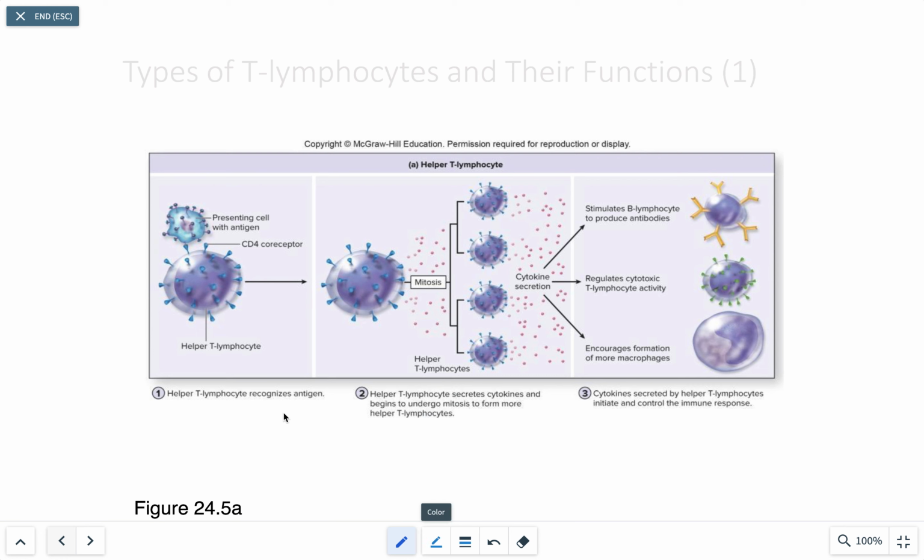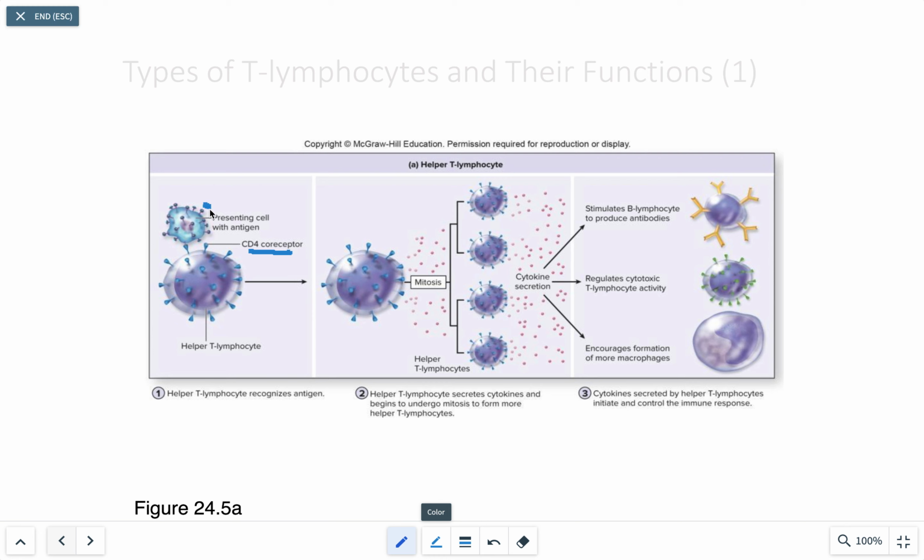The T lymphocytes at first are going to make up roughly 70 to 85% of the body's total amount of lymphocytes. They express a plasma membrane coreceptor, a CD4 coreceptor, that recognizes a particular antigen.